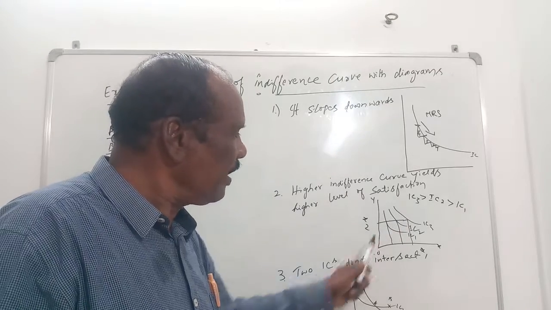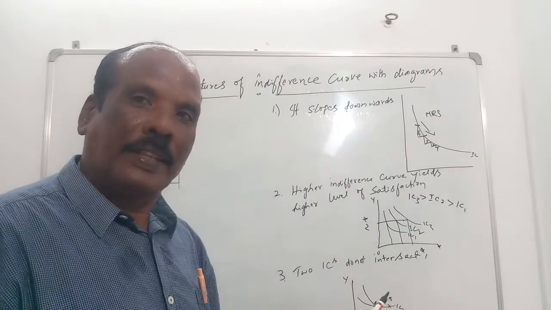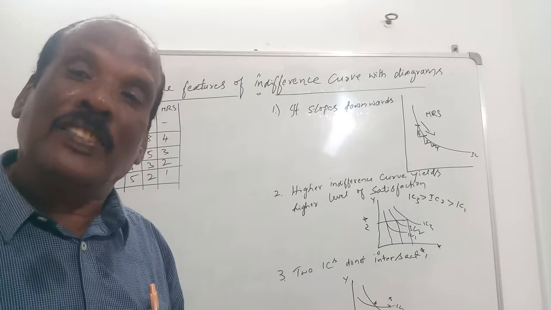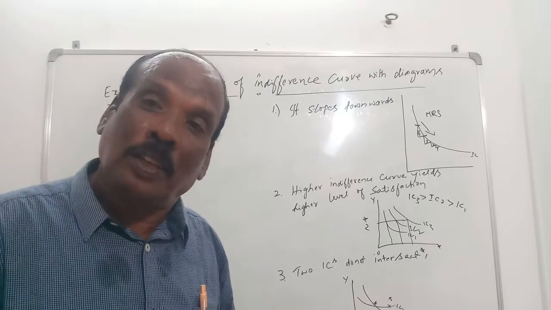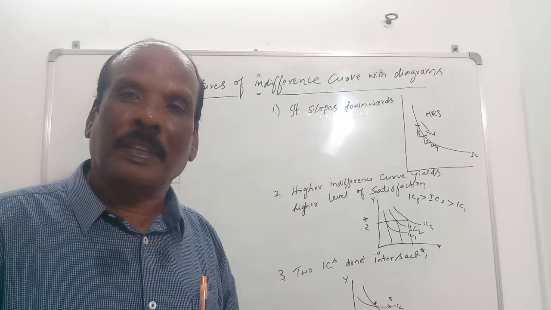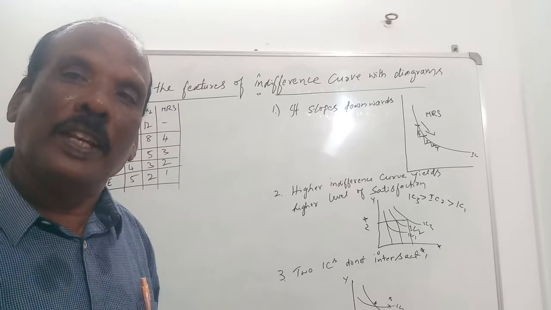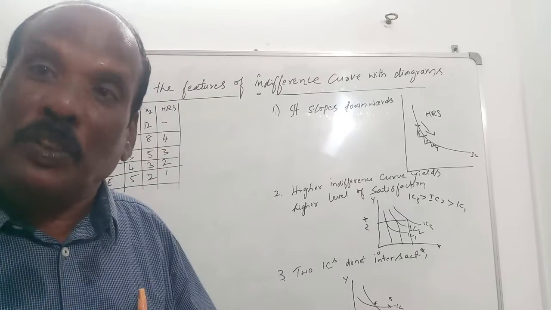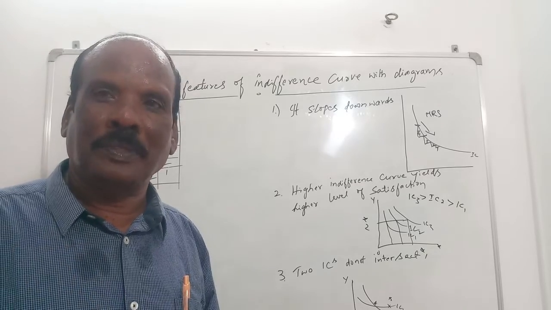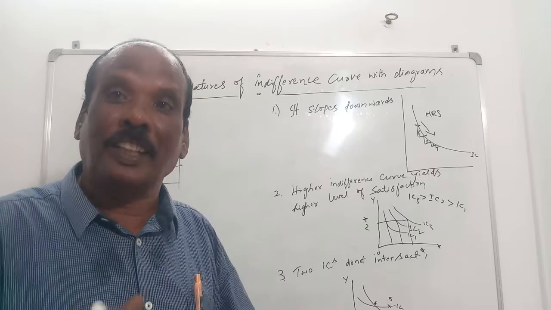See, they are not meeting together. Right? So, here let us see what happens if these two curves, indifference curves, intersect. If they intersect, what happens? You see, it becomes unreal. It is unscientific. And it doesn't exist in the real world.